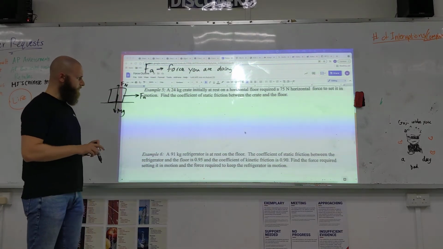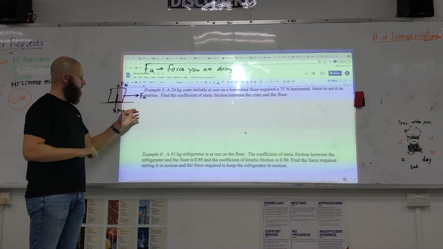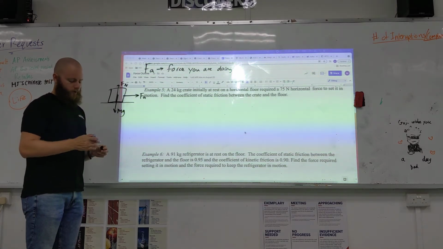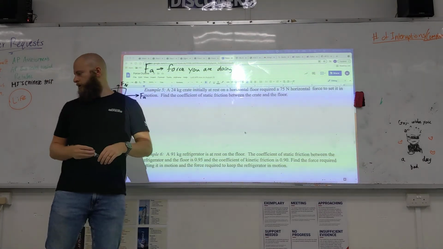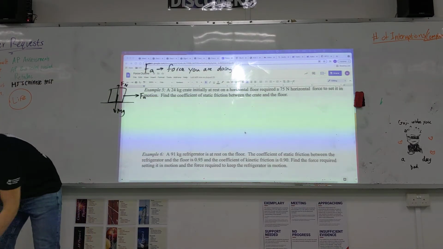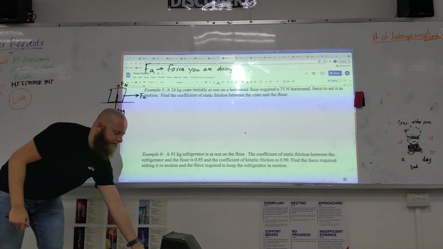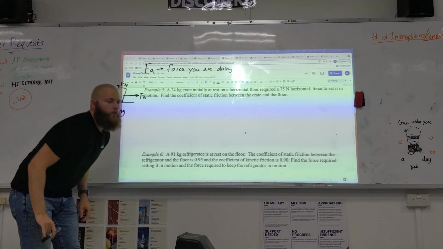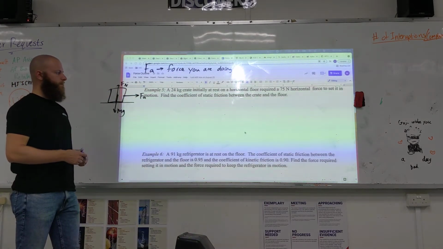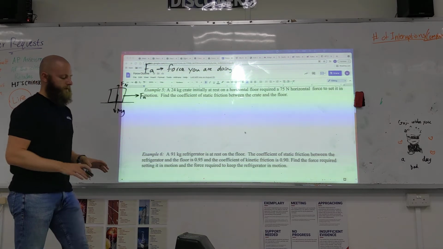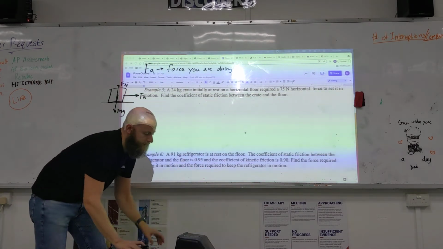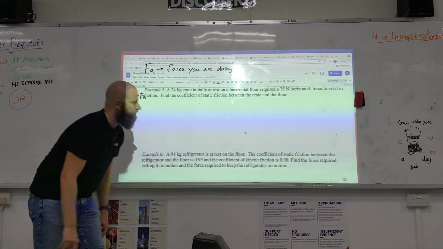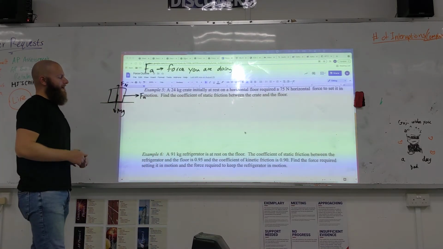Now, this problem is a little tricky conceptually to think about. So think about this trash can, and I start pushing on it. Right before it starts moving, the force I'm pushing with is 75, and then it starts moving.